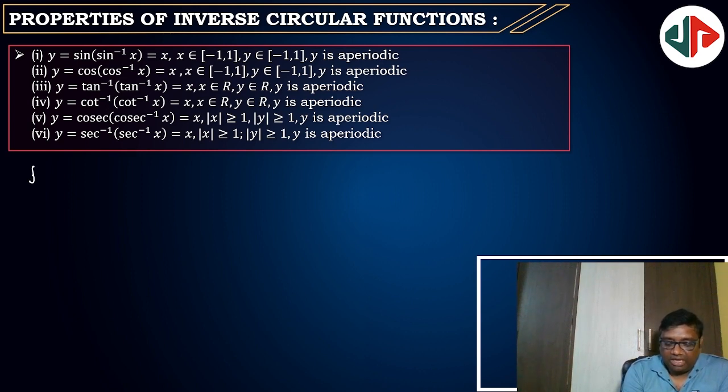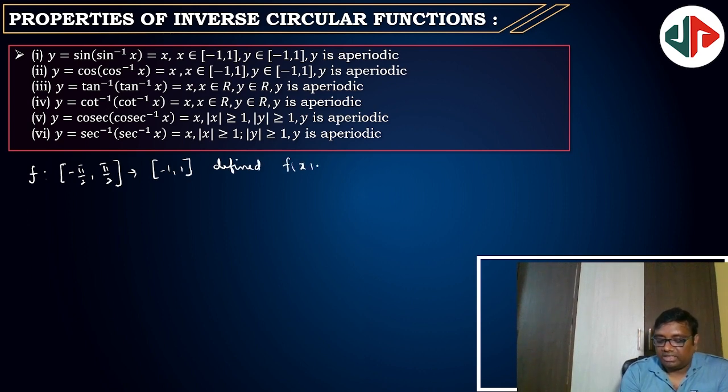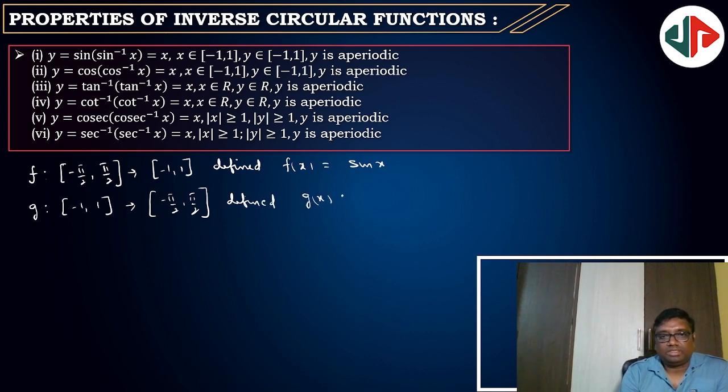For example, consider f defined from the closed interval minus pi by 2 to plus pi by 2 to the closed interval minus 1 comma 1, defined by f of x is equal to sin x. Clearly, this function is a bijective function. I will define the inverse function g, defined from the closed interval minus 1 to 1 to minus pi by 2 comma plus pi by 2, defined by g of x is equal to sine inverse of x.